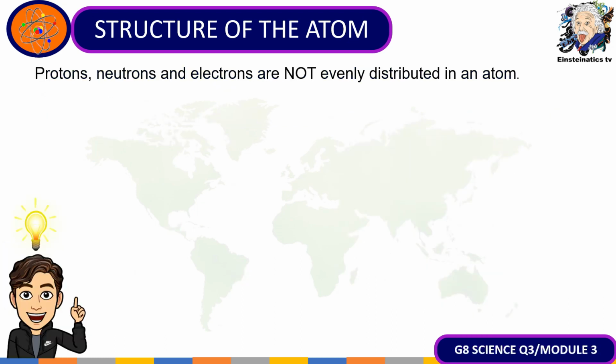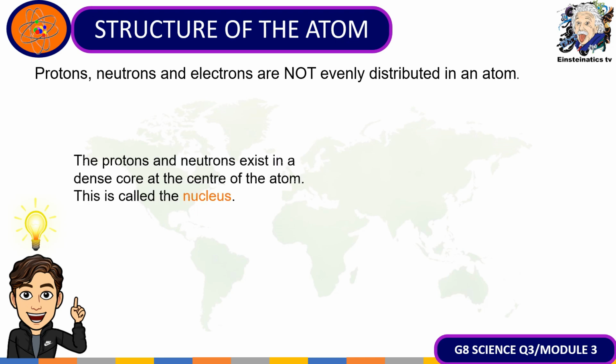You should remember that yung mga subatomic particles like the protons, neutrons, and electrons are not evenly distributed in an atom. Ibig sabihin, hindi sila nasa isang lugar lang. Now, as you can see here, yung protons and neutrons, sila yung bumubuo ng dense core ng atom or nasa center siya at itinatawag itong nucleus.